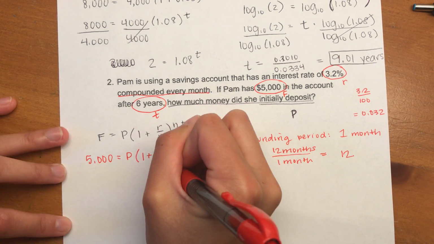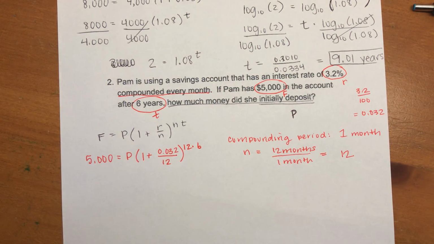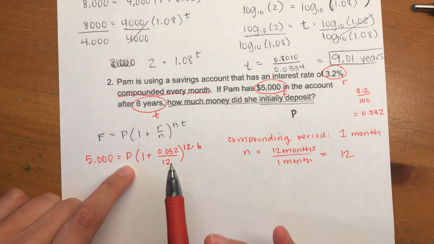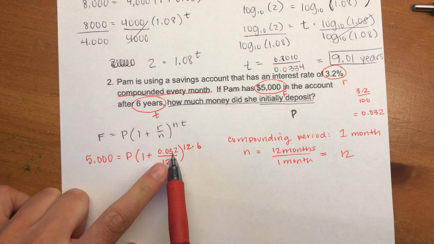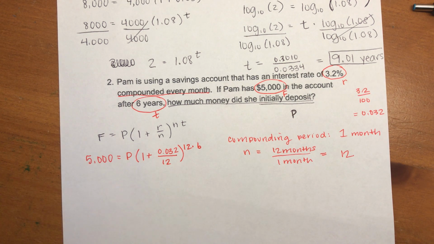So I'm going to substitute 12 in wherever I see an N. And now I only have one variable, P. So this is good. I've substituted in my final amount of money, my rate, my N value, and my time of 6 years. And now I can solve for the initial deposit.